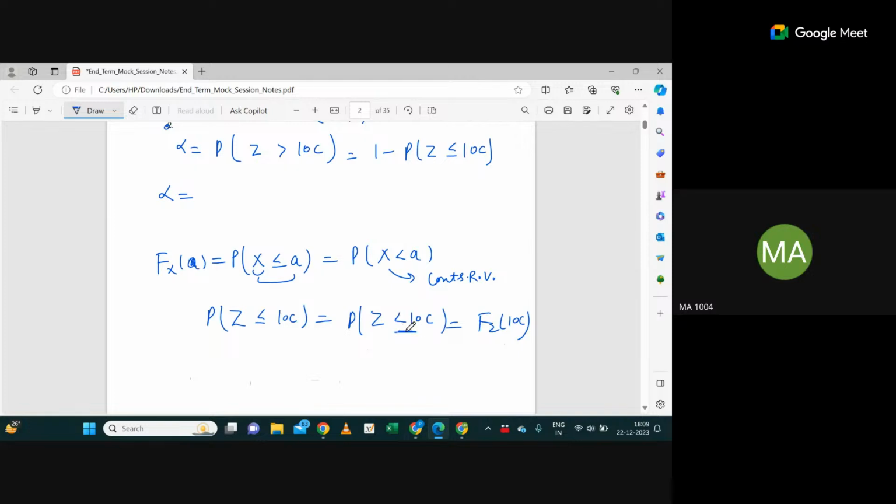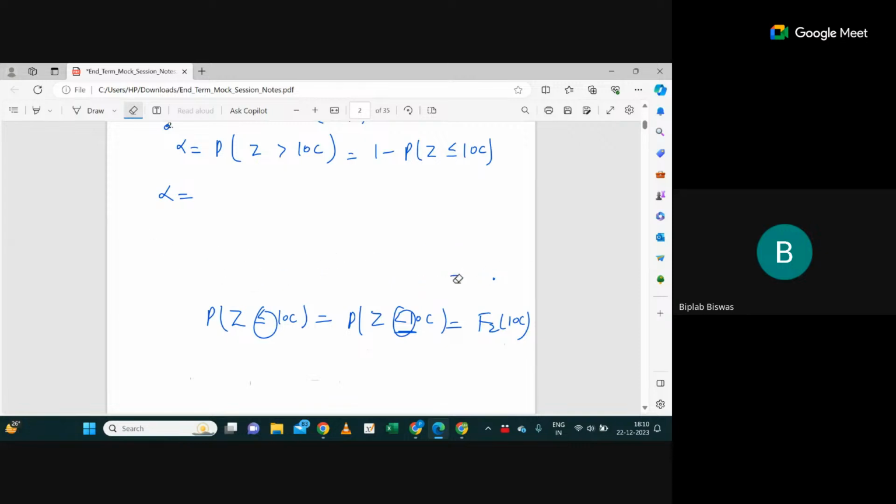Why doesn't the equality sign matter here? Because this is the continuous case. In case of a continuous random variable, probability at a single point is 0. Got it? Actually, I get confused when it is less than this value, we are directly replacing FZ, but when it is greater than, then we are saying 1 minus probability of Z, reversing the symbol.